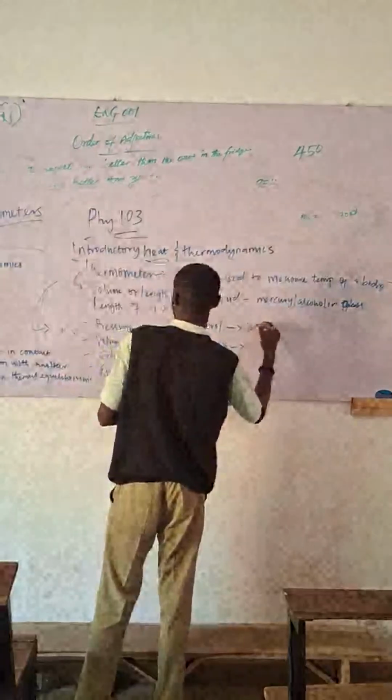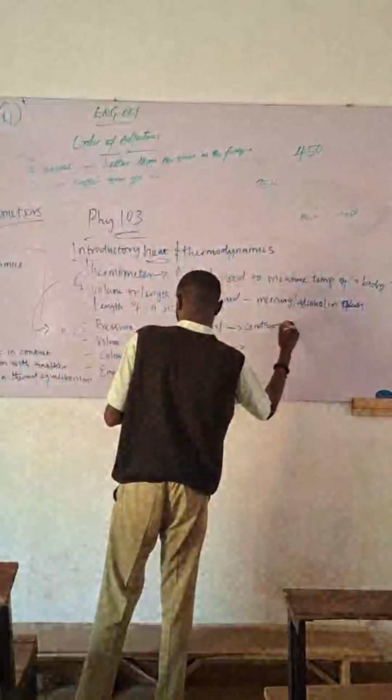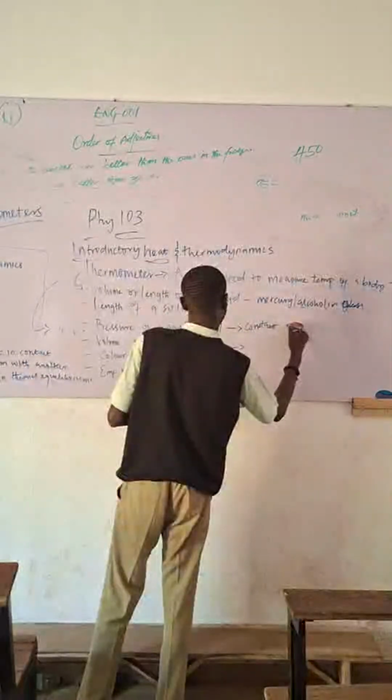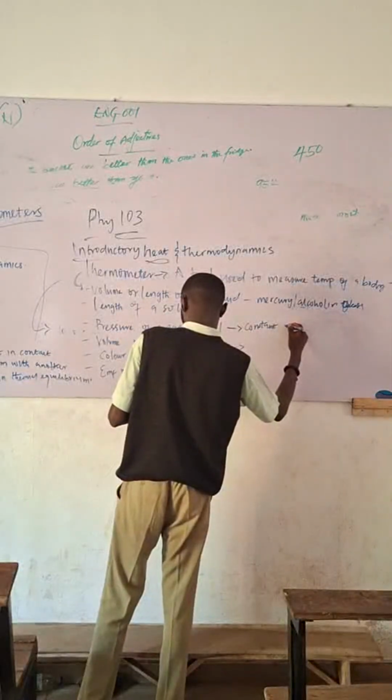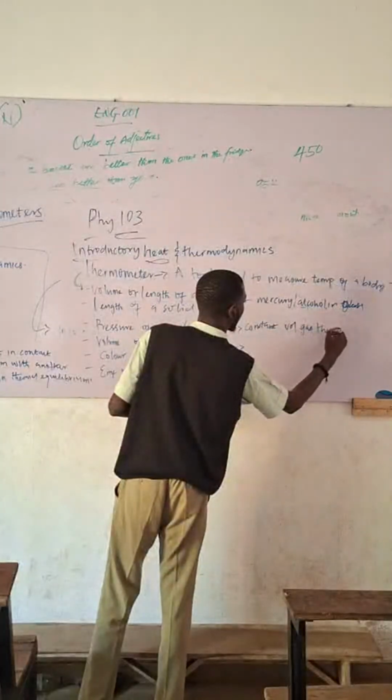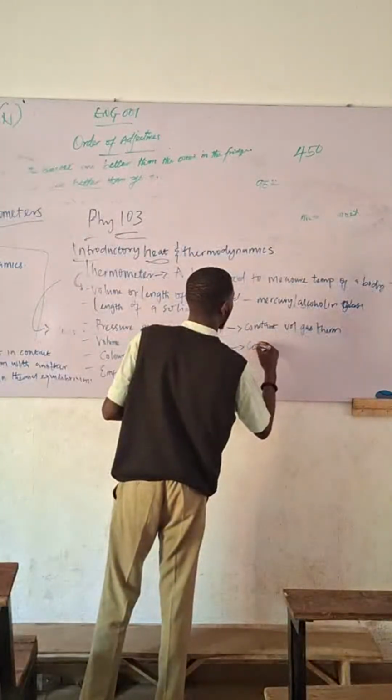So if you use mercury in a thermometer, the mercury will respond to temperature and start rising. So you can use mercury or alcohol. I know the advantages and disadvantages of using mercury and alcohol.